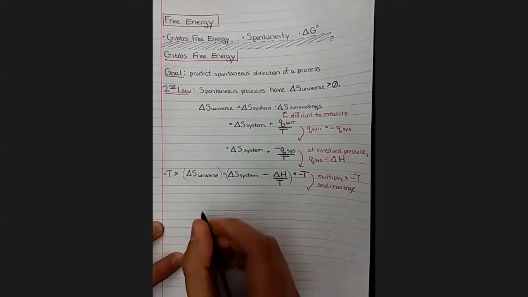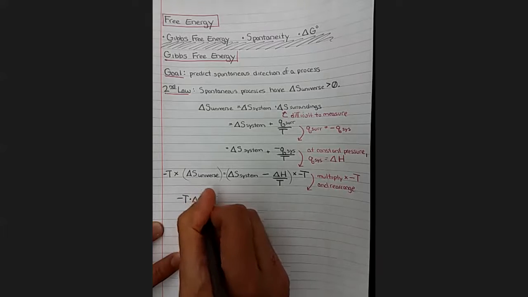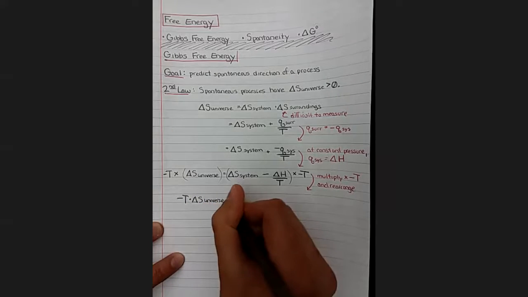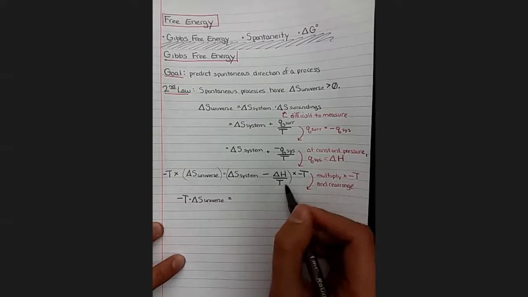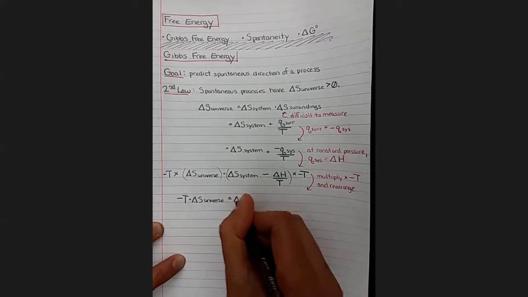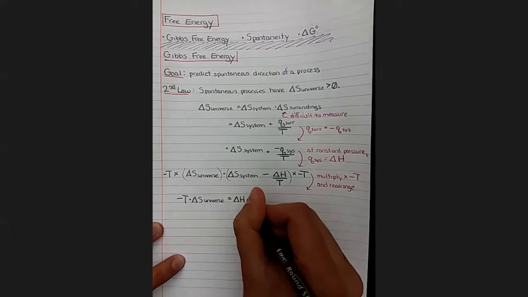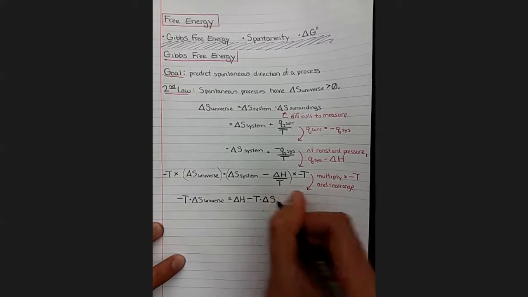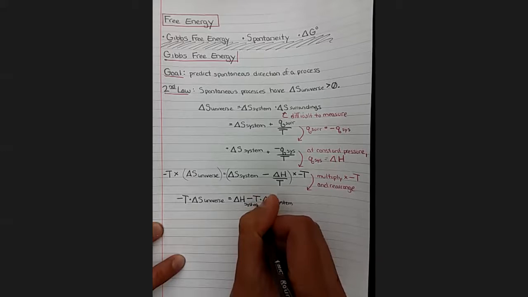So we are going to end up with negative T times delta S of the universe equals, and I'm going to swap these terms. I'm going to put this one first. We multiplied by negative T, so this is just delta H. And then we took delta S and we multiplied by negative T, so it's now minus T delta S. And both of these, delta H and delta S, are for the system.